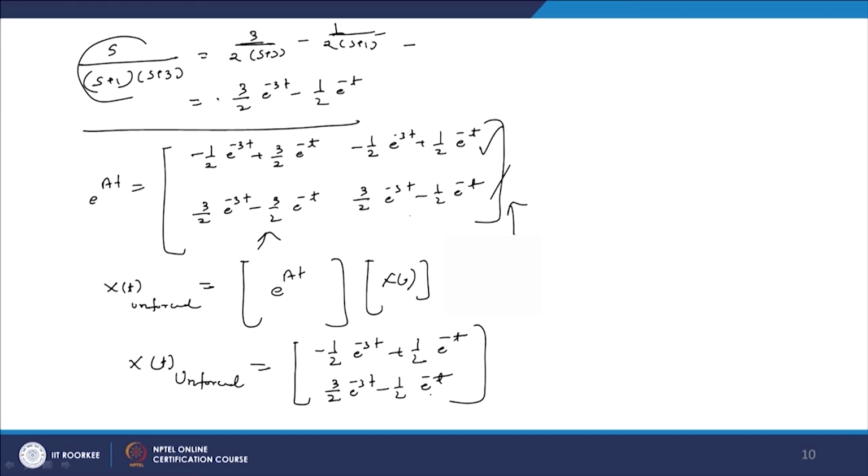Now, coming to the part concerned with the forced part. About the forced part, we have Laplace inverse of phi of s into B U of s. This is the forced part. Now, phi of s, we write in terms of the s domain itself.